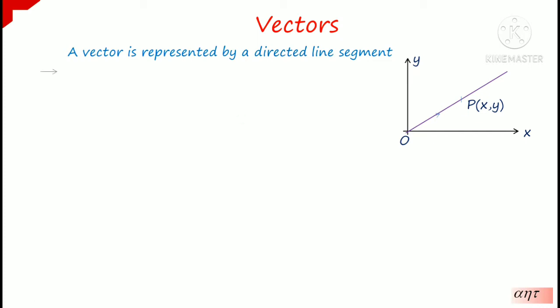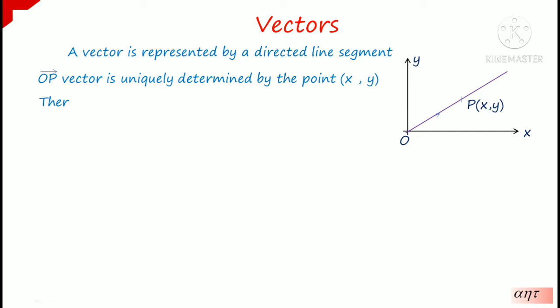The vector OP is uniquely determined by the point x comma y. Therefore, the ordered pair x comma y of real numbers uniquely represents the vector OP.